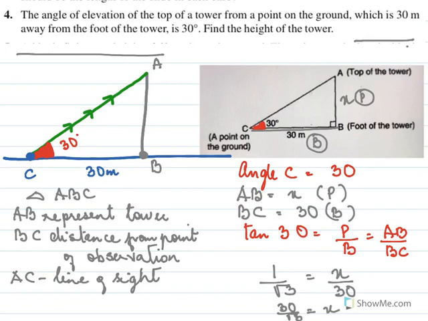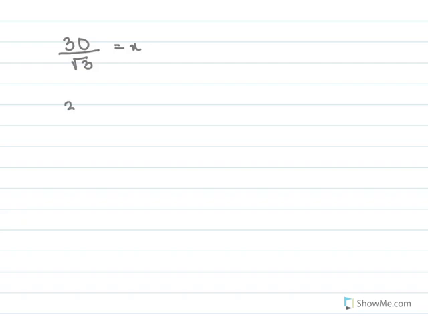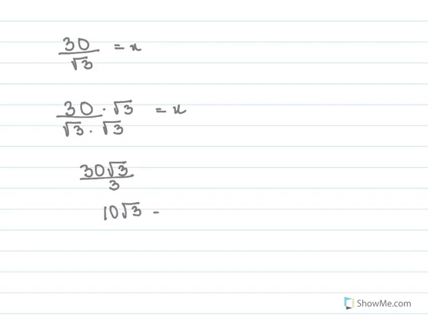So 30 over root 3 equals X. So here you need to rationalize. Multiply by root 3: X is 30 root 3 over 3. So 10 root 3 equals X. And X is the height of the tower. So height of tower equals 10 root 3 meters.